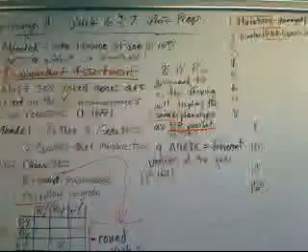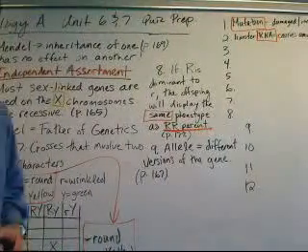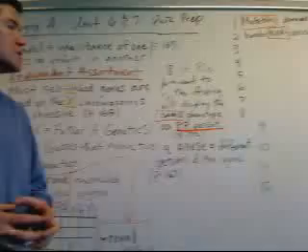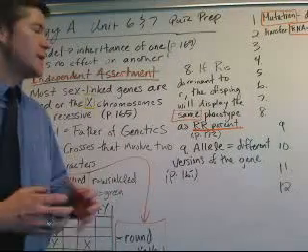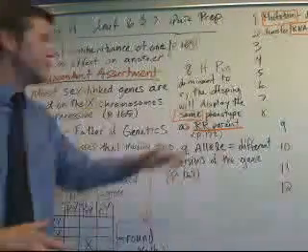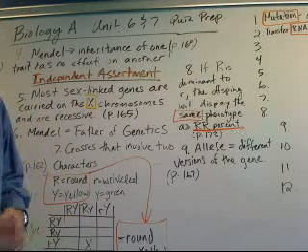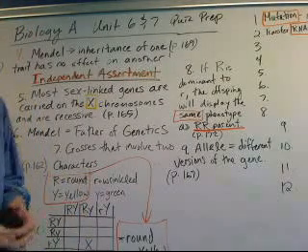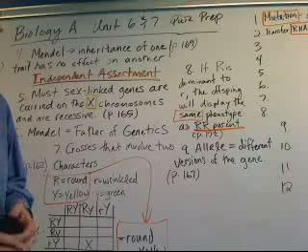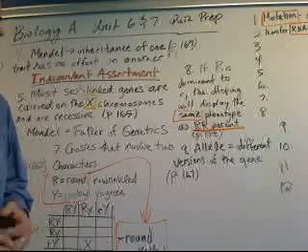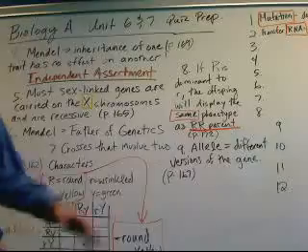And then for number 8, if R is dominant to lowercase r, the offspring will display the same phenotype as the RR parent, or the dominant parent. That's on page 172. And finally, for Unit 6, an allele is a different version of the gene, page 167.